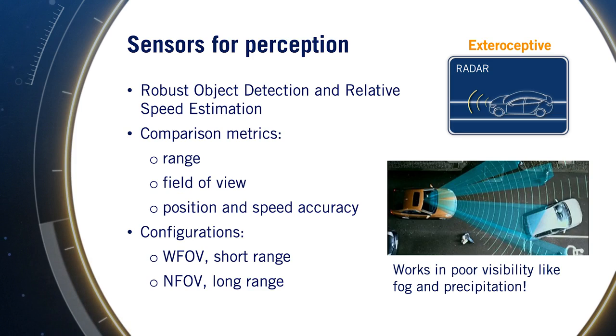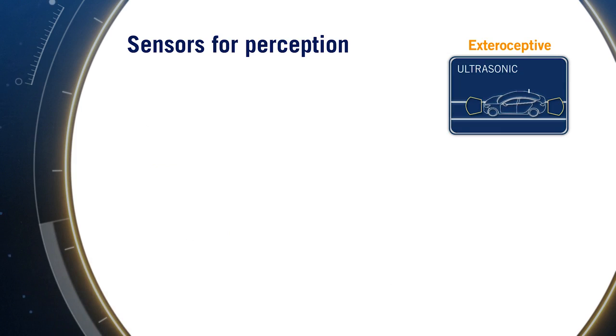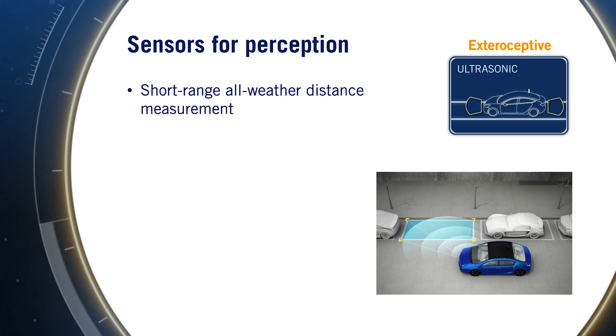The next sensor we are going to discuss are ultrasonics or sonars, originally so named for sound navigation and ranging, which measure range using sound waves. Sonar are sensors that are short range and inexpensive ranging devices. This makes them good for parking scenarios where the ego vehicle needs to make movements very close to other cars.